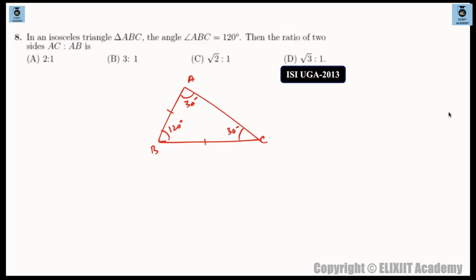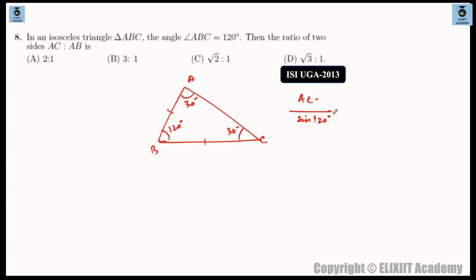The best thing here is the sine rule, since the angles are known to you. AC and AB they have asked for, so simply use the sine rule. This can be a good basic question of the sine rule.